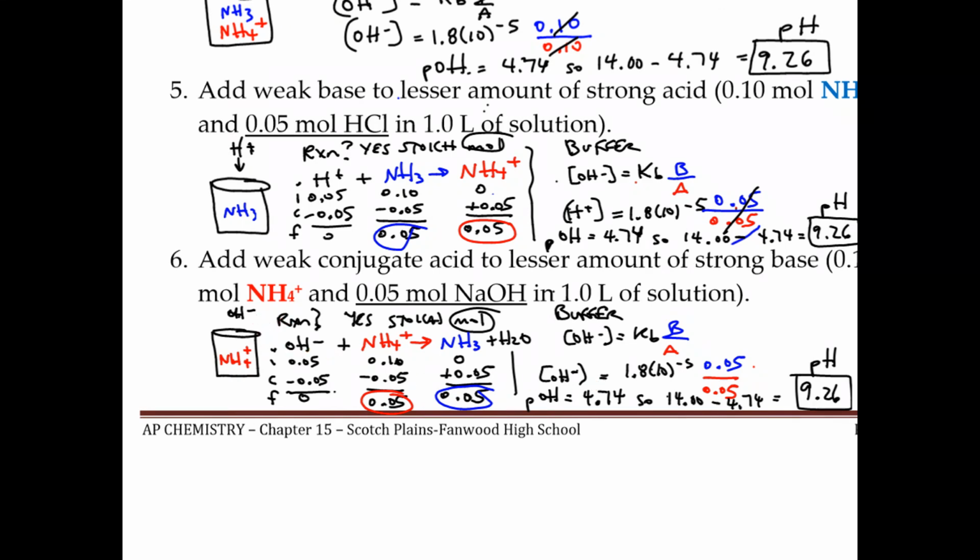And if you want to see what that picture would look like for this, it's going to be some NH4 plus and some NH3. Same thing with this one. Some NH4 plus and some NH3 in your final beaker. So you made a buffer.